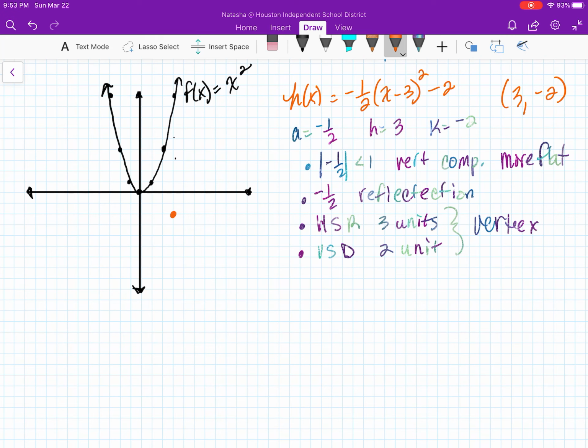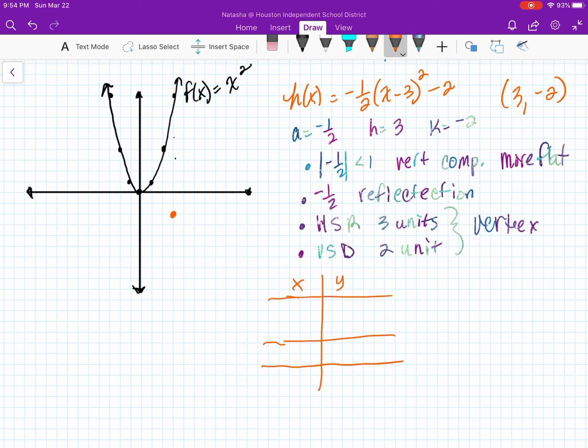That's the horizontal shift and the vertical shift, but now we need to talk about the a value, because that's going to affect how narrow or wide our curve is going to be. So let's talk about what happens when we put this in a table. Let's make our table with x and y.